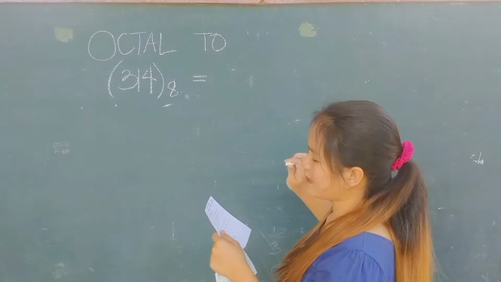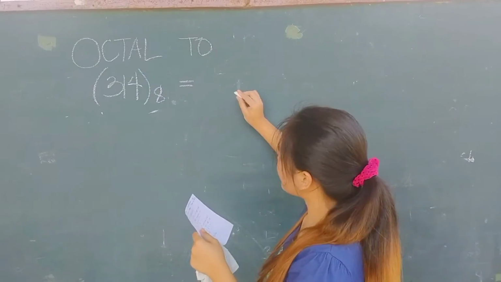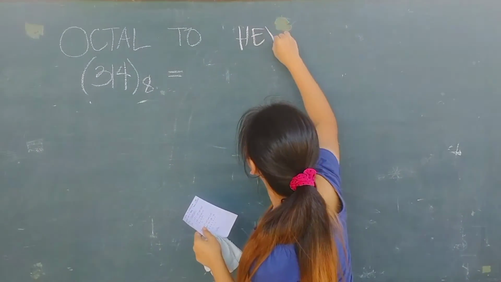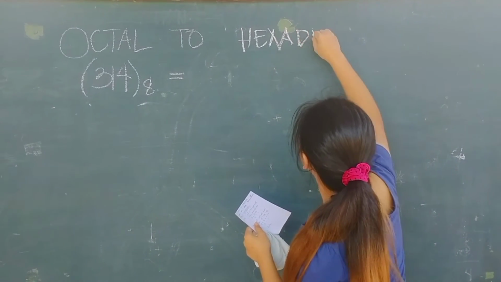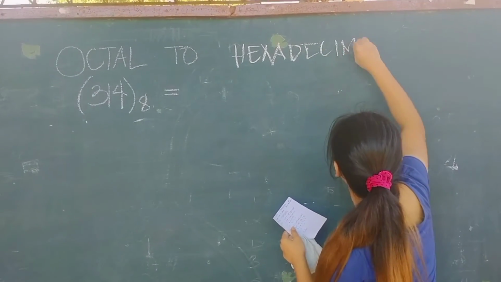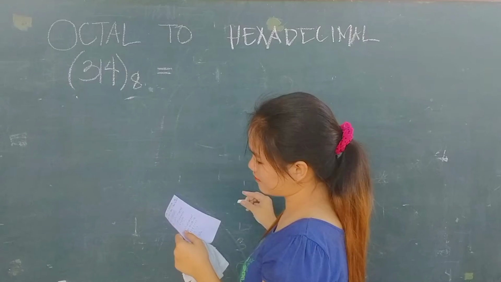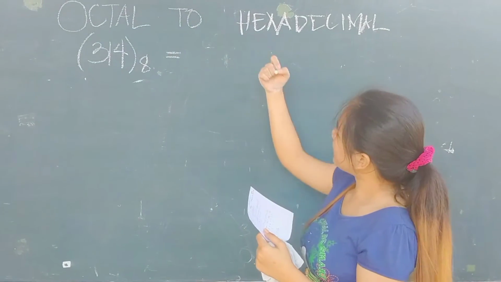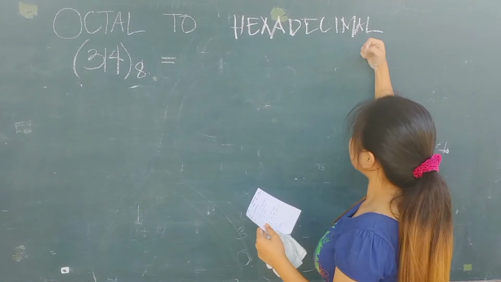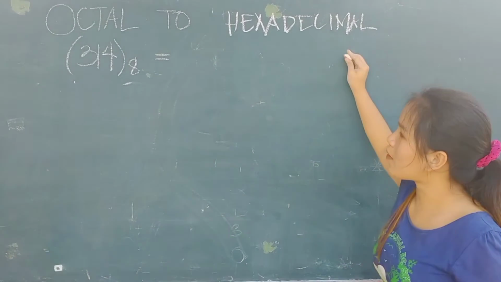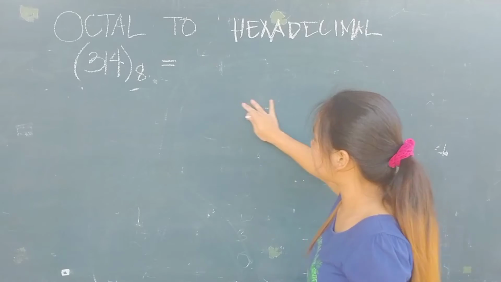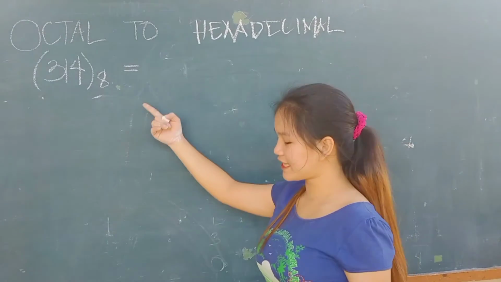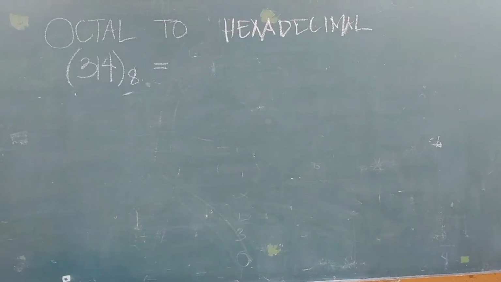Now we convert the octal to hexadecimal. 314 base of 8, and hexadecimal has a base of 16. To convert octal to hexadecimal, we must first go through binary. We already solved the binary earlier, so we just write it directly.